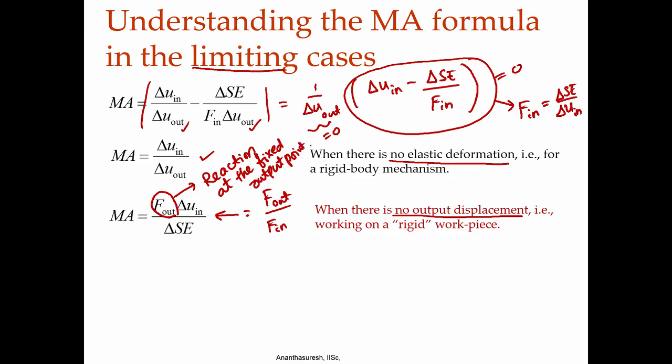So, there at the fixed output point you have some F out divided by F in, you can talk about mechanical advantage there. So, it is not like it is infinite, because both the numerator and denominator go to 0 when output displacement goes to 0. This is something that we need to understand. The formula is actually foolproof.